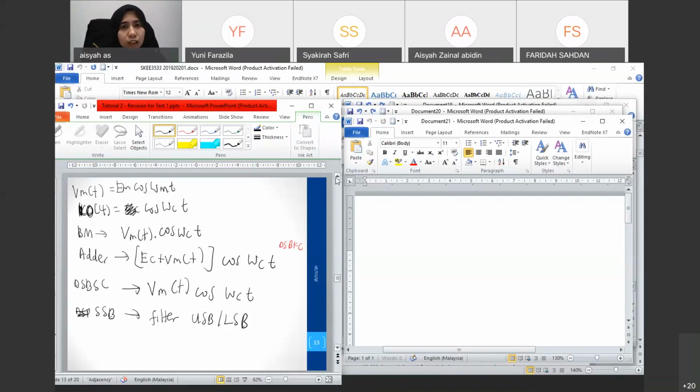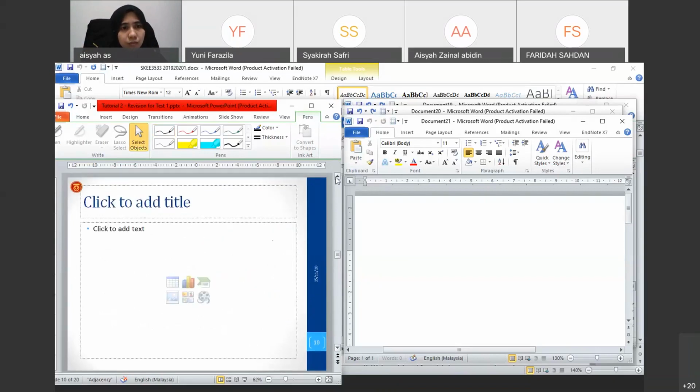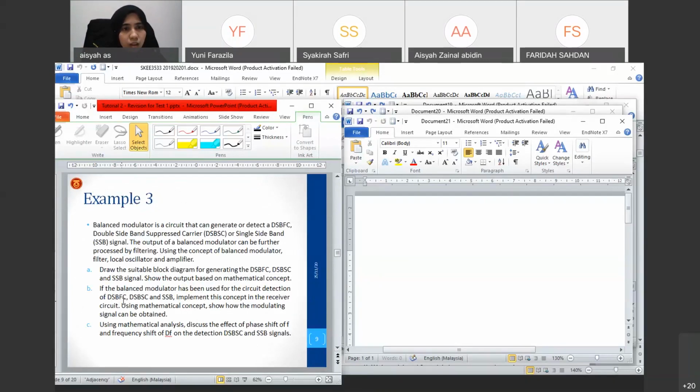Okay, for the second question: if the balance modulator has been used for the circuit detection of DSBFC and SSB, implement this concept in the receiver circuit. Using mathematical equation concept, show how the modulating signal can be obtained.